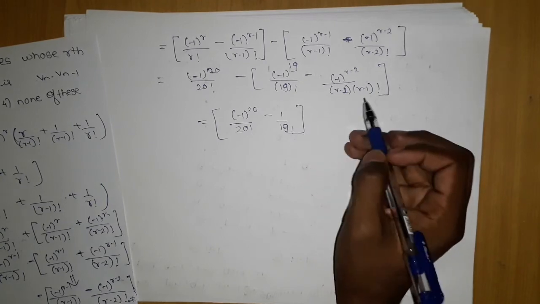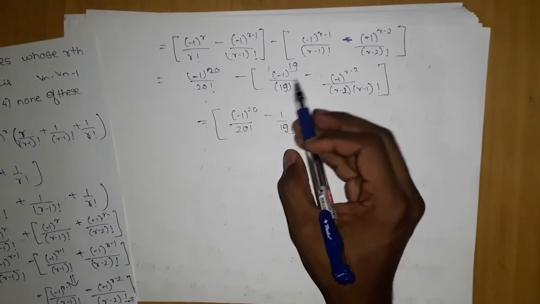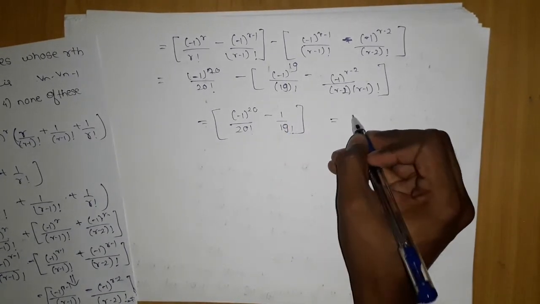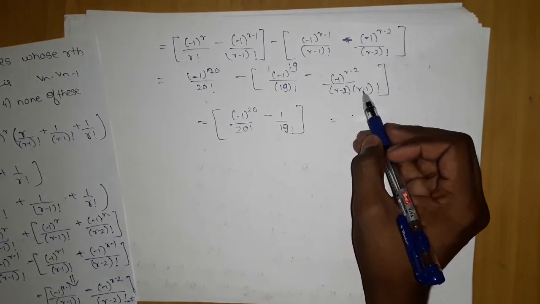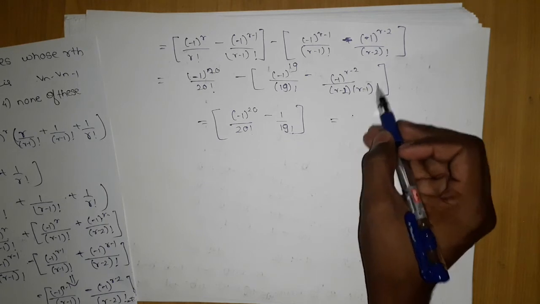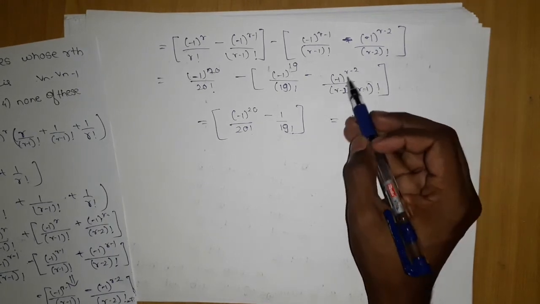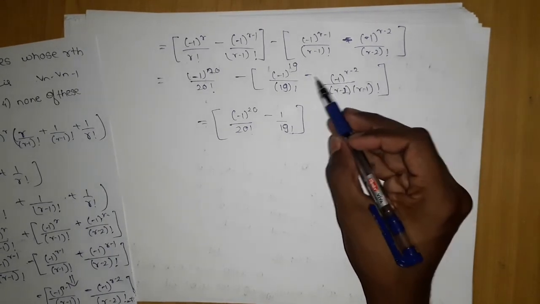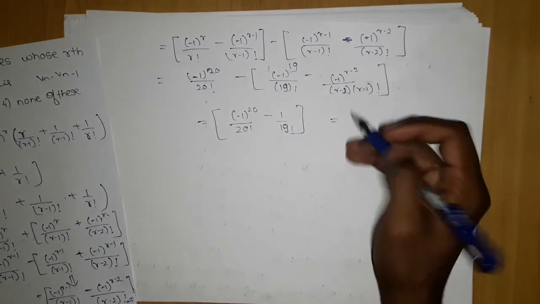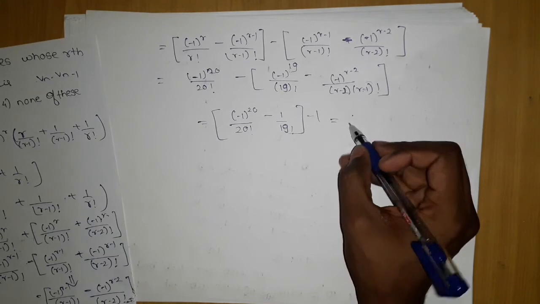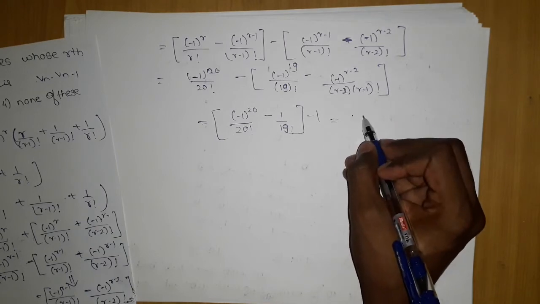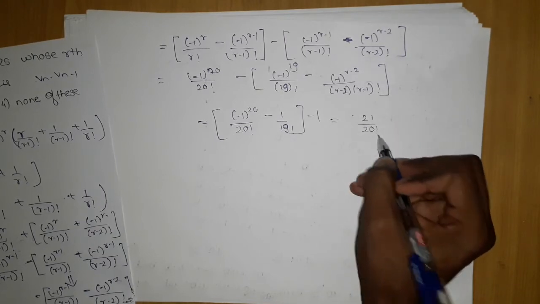This will become 0, we will be left with only this thing, which will give me after calculation, sorry, minus 1 becomes 1, because it is 1 minus 1 upon 0 factorial, the minus will cancel out, giving me minus 1 finally. Minus 1 will be left, so after calculating, we will take 19 factorial common, which will give me my final answer as 21 upon 20 factorial.